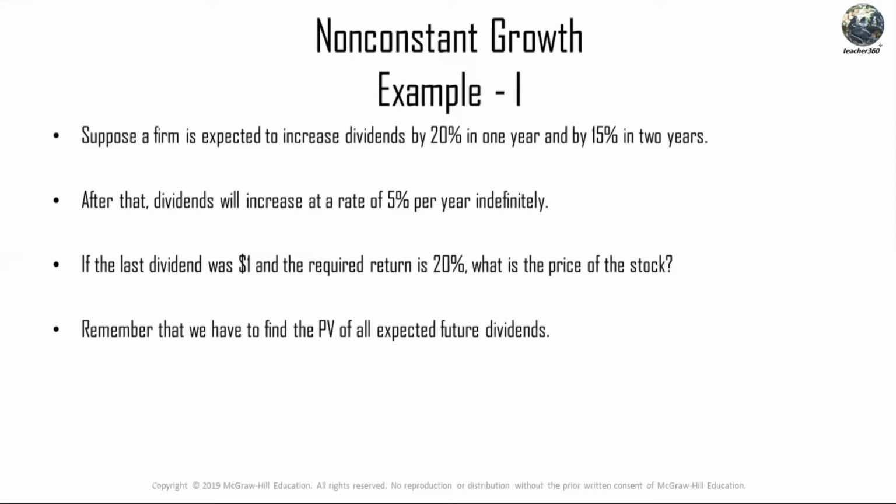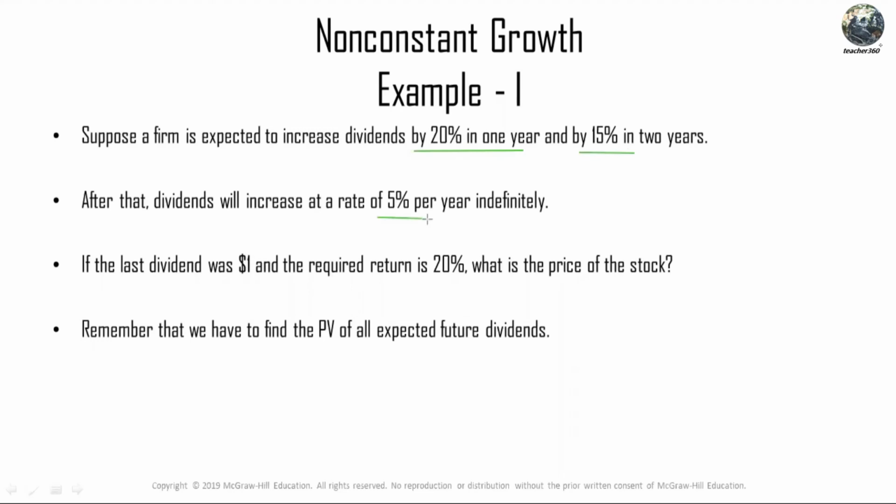So here it mentioned that a firm is expected to increase dividend by 20% in year 1, 15% in year 2. After that, it will increase 5% per year indefinitely.